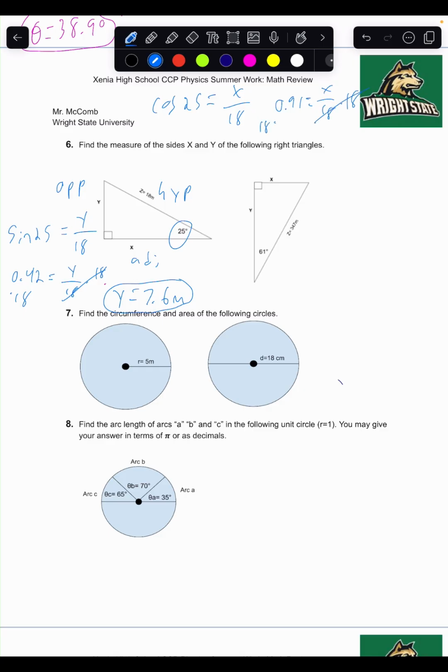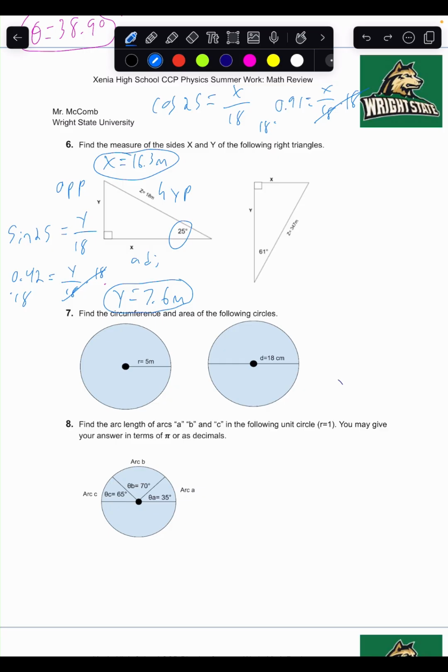That goes away, and we get x equals 0.91 times 18, which is 16.3 meters. And there we go. And just to check, if this angle is under 45 degrees, which it is, this side should be longer than this side is. And it is, so that's good for us.